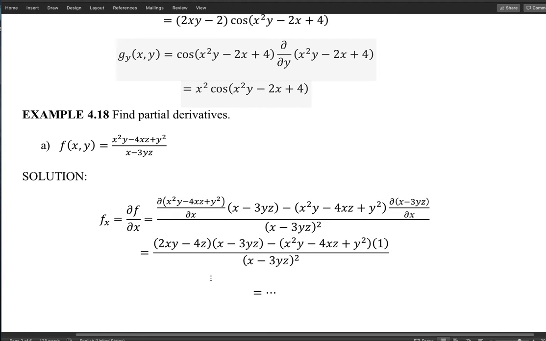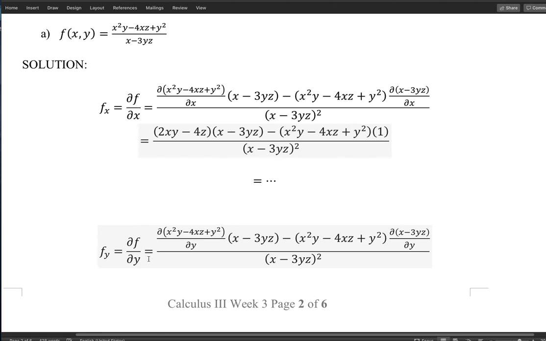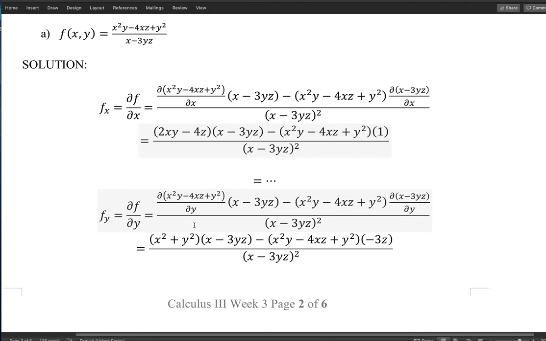I believe the textbook got the answer simplified, but for me, I'm just going to leave all the simplification for you to finish, because it's clear to me that at this moment, we have the derivatives taken good care of. We got all the derivative terms and the quotient rule. Okay, f sub x. Let's take a look at f sub y. F sub y, it is really about the same fashion.